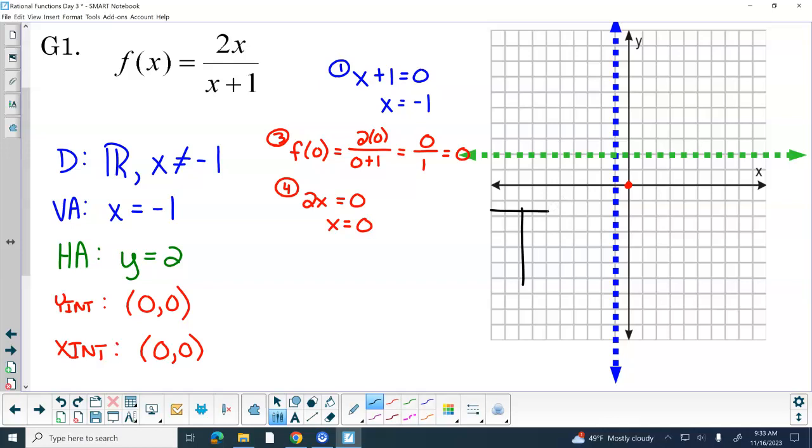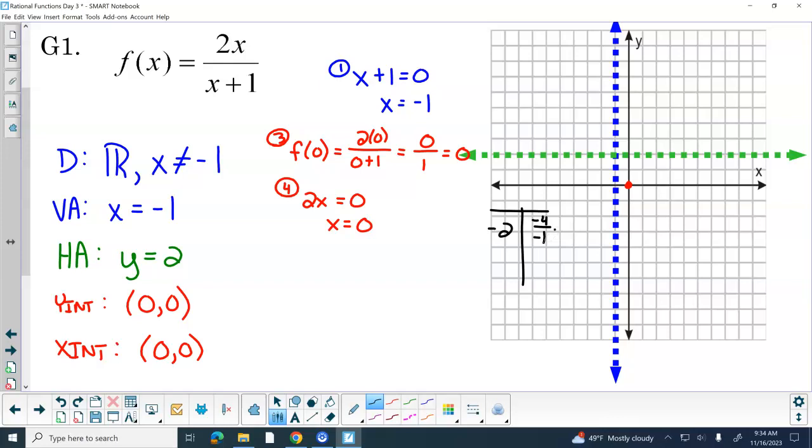I always like to go just next to the vertical asymptote, so we would plug in -2. If I plug -2 into my function, 2 times -2 is -4 on the top. -2 plus 1 is -1 on the bottom. What is -4 divided by -1? +4.